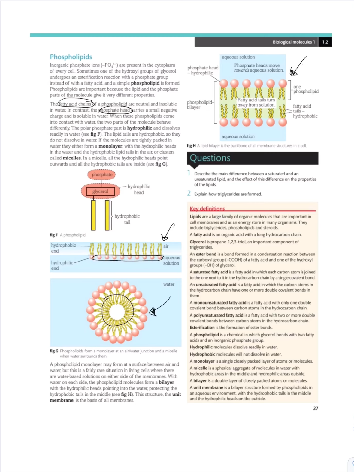You've got the phosphate heads in the aqueous solution with the water, and you've got in the middle the fatty acids, and again you've got the hydrophilic heads in the solution. And so this is called a bilayer. Bi meaning two, and that's two layers formed. And that's it.